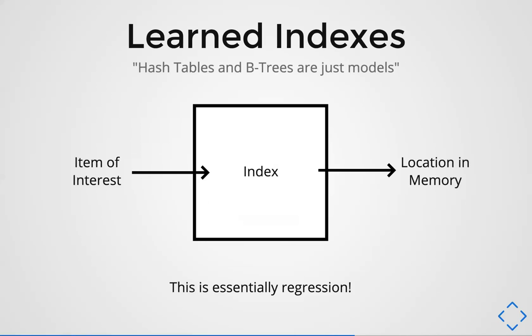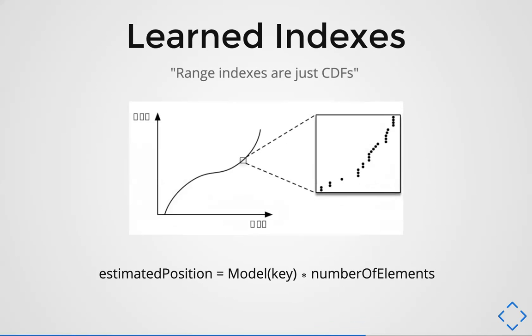So the critical insight that they started with is that hash tables and B trees are really just models where you're taking a key value and you're predicting a location in memory. So this is fundamentally just a regression problem, they say. And furthermore, range indexes are really just cumulative distribution functions.